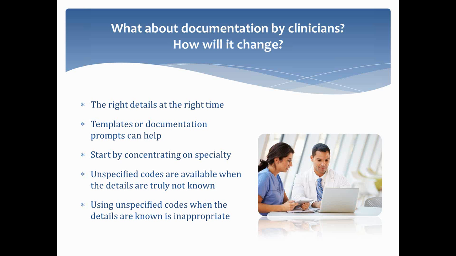I have been working on this problem of documentation for quite some time, and I've created some quick reference lists for the major specialties in healthcare. There's about 16 specialties that really submit more than 90% of the charges off to insurers in this country. So I settled on those.